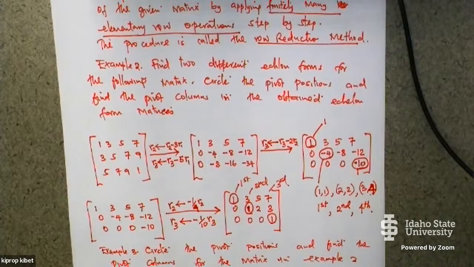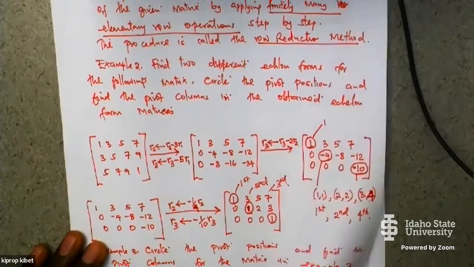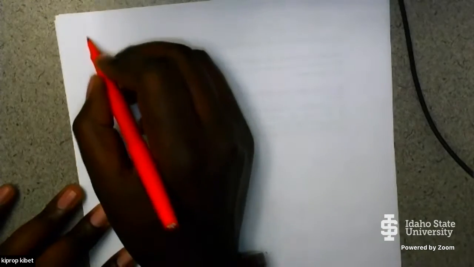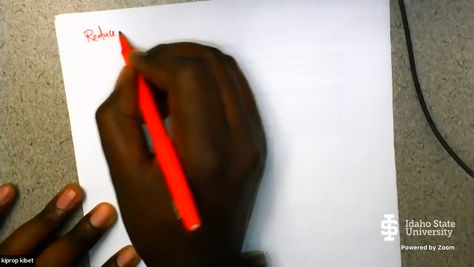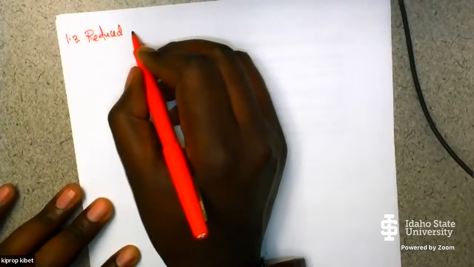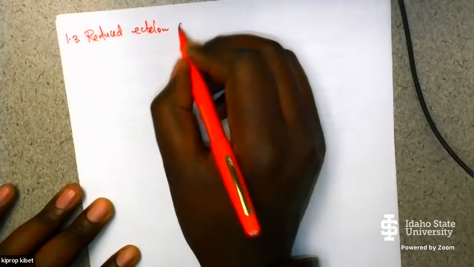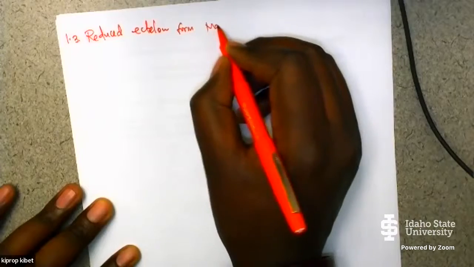Okay, now let's come to the reduced echelon form matrices. So this is 1.3, reduced echelon form matrices.